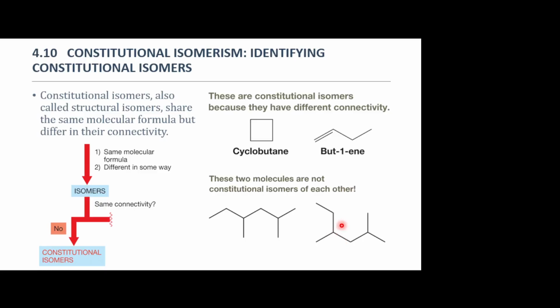Okay. And that's all that's happened. It'd be like having a chain where you just moved one part of it over. No. It's not a different molecule anymore. It's not a constitutional isomer. It's just a different conformation, right? And so you do have to be careful here. And if you went through naming this, you'd pretty quickly realize these have the same name. Okay? They'd name the exact same.